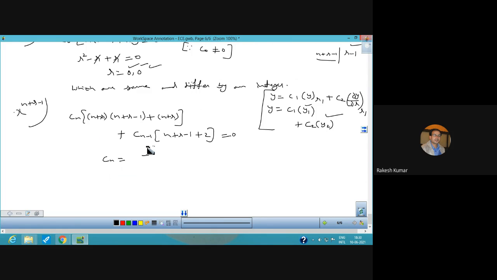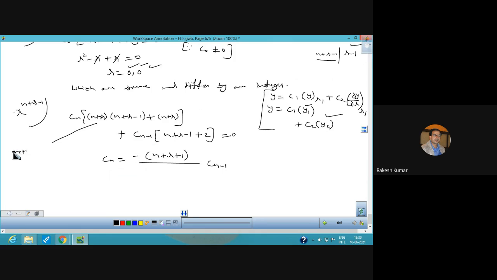Cn minus 1 can be taken to the right hand side, it becomes negative. So minus n plus r plus 1, divided by this term, into Cn minus 1.